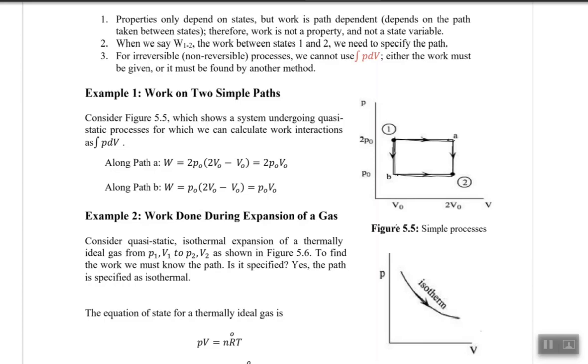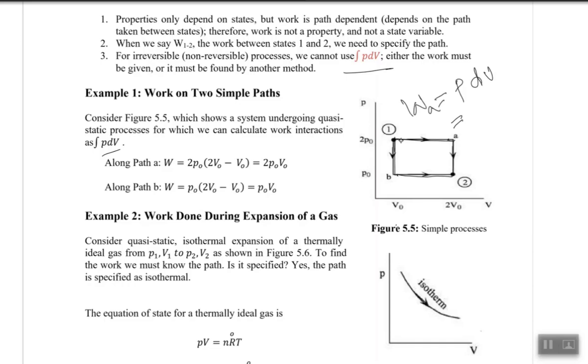So let's say work done in two different paths. A simple equation for the work done is the integral of PdV. So work done in path A would be equal to the integral of PdV along path A. How do we calculate it?